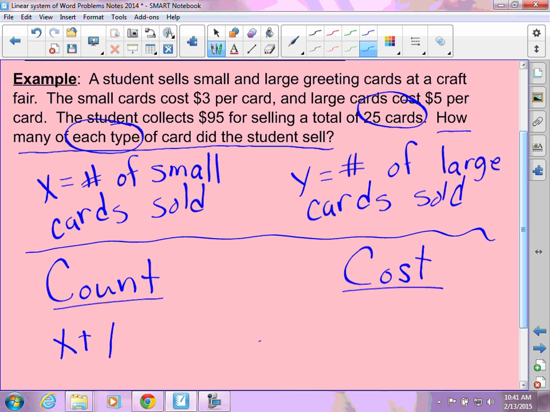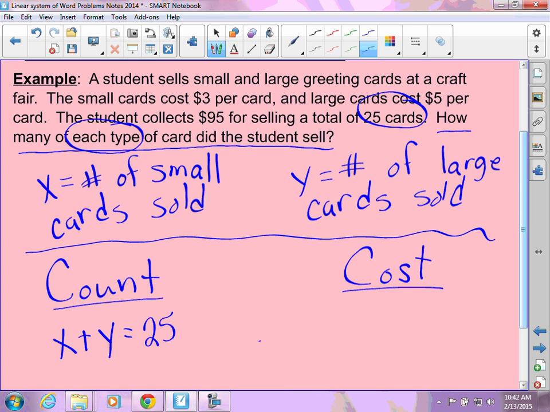Now, why would I put it in that form as opposed to 25 equals y plus x? Or 25 minus x equals y? Why do you think I would put it in that form? Yeah. It's in standard form. It's all ready for elimination, isn't it? So that's why I put it in that form. Probably the best form there, right?